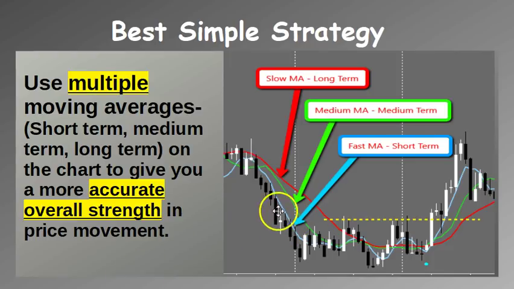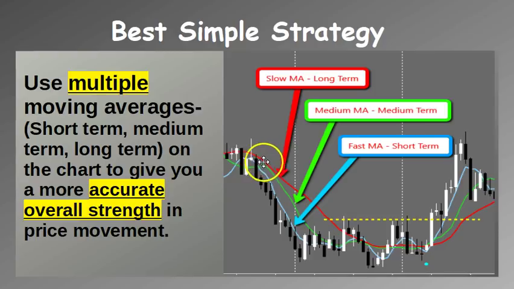So again, take a look here. These two, the faster two moving averages right here, the blue and the green, first of all, they tell you the overall strength. And if they're between the 6 and 4 o'clock position in the downtrend here, the strength of the trend is very strong, right?